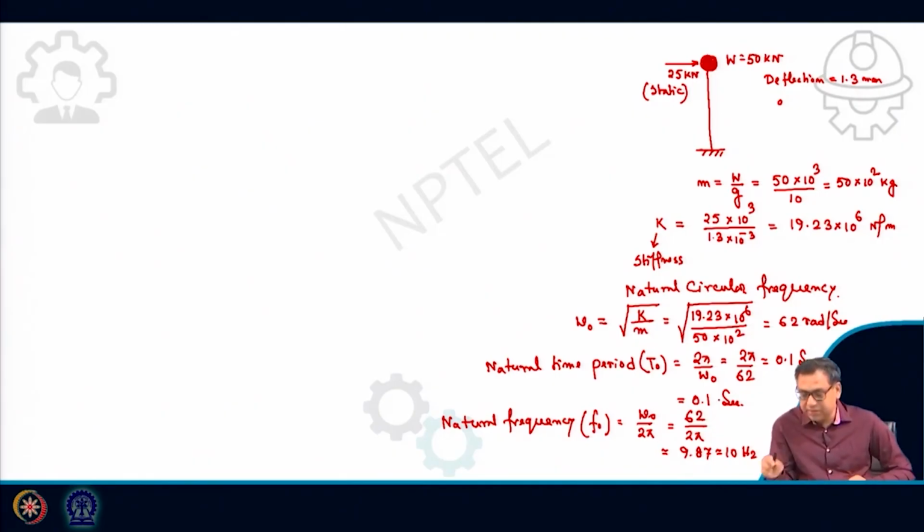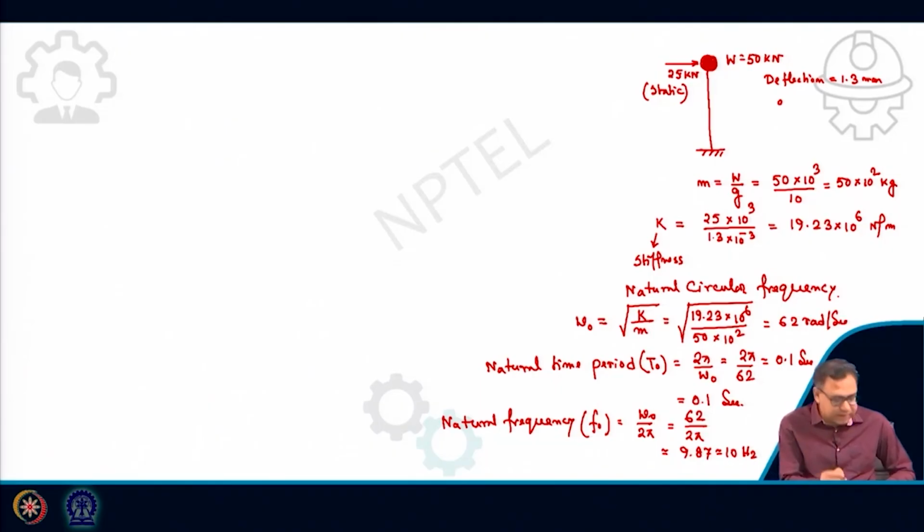Now we have to determine the response of this system. Which type of system is it? We have not applied any initial velocity. The force that we have applied could be with some initial velocity or without, but here it is without any initial velocity.